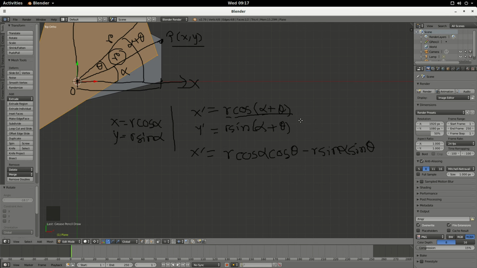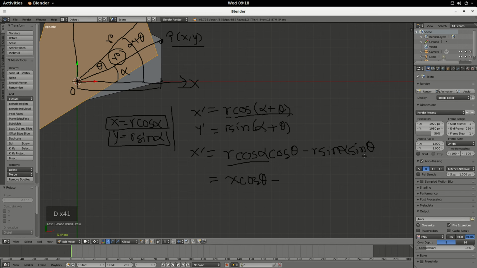We can use X and Y. Yes, we can do that. See, if you notice, X is equal to R cos alpha. Do we have that here? R cos alpha. Yes, we do. So we can write this as X cos theta minus, over here, do we have this part?